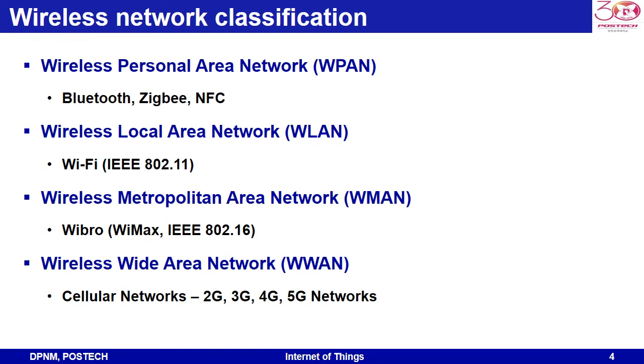As for the smallest coverage, it can communicate approximately up to 10 meters, and we call it personal area network. When it is wireless, we call it wireless personal area network, or WPAN. WPAN has various wireless communication technologies such as Bluetooth, Zigbee, and NFC.